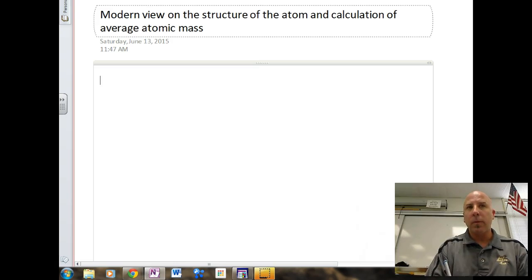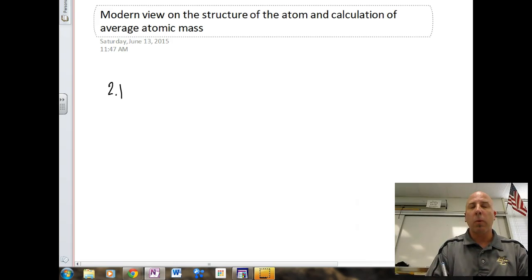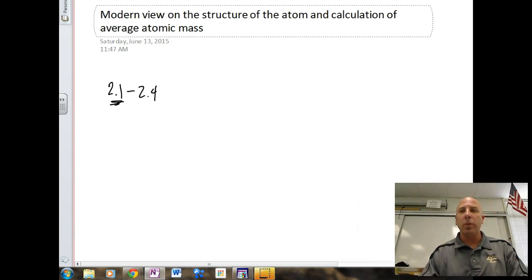First off, the reading that goes along with this. Reading is going to be section 2.1 in your textbook through 2.4. There will be some stuff covered in 2.1 and 2.2 that was covered in general chemistry, Dalton's theory, and we'll also be taking a look at the experiments that led us to the modern view of the atom.